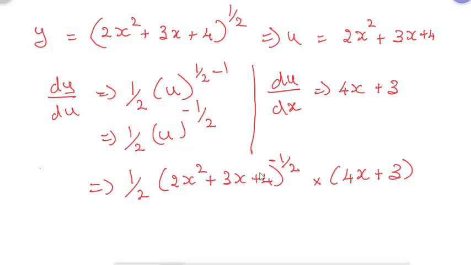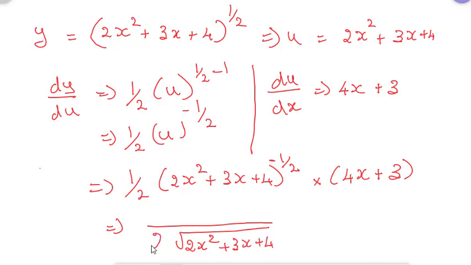And one more thing, the power was negative, so you can simply write it as the denominator. So you can write it as the whole root of 2x squared plus 3x plus 4, and here is 1 by 2, so simply write the 2 here, and in the numerator there is 4x plus 3. So it's the finalized answer for the question.